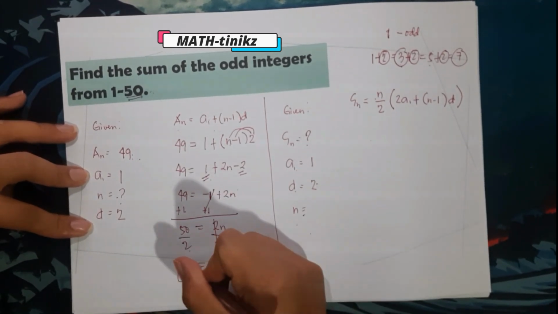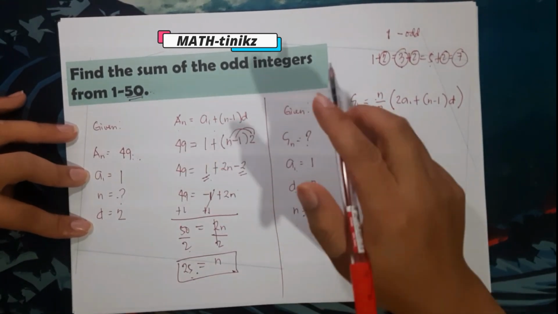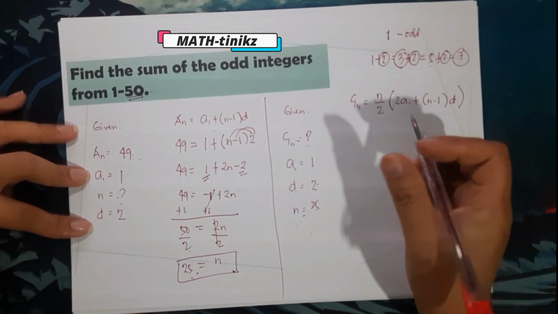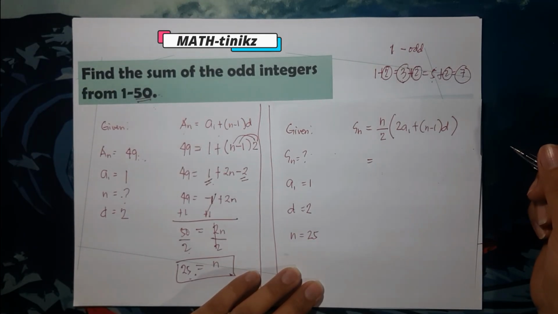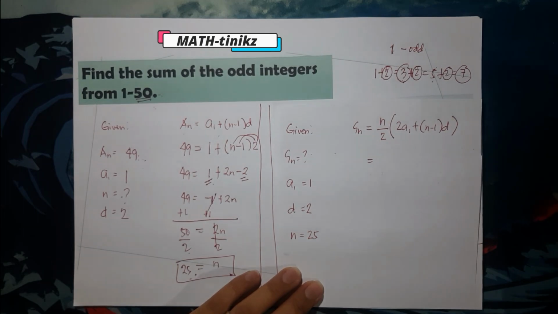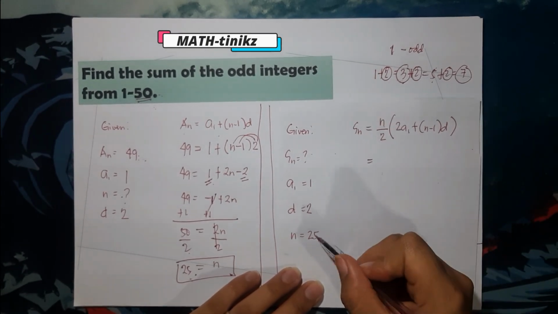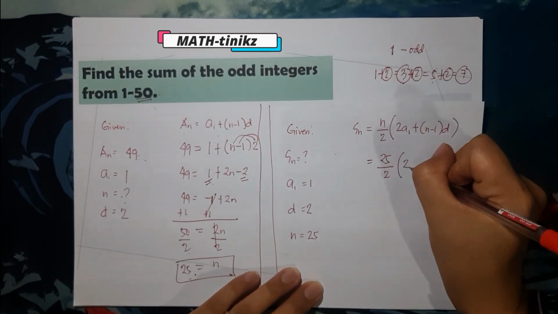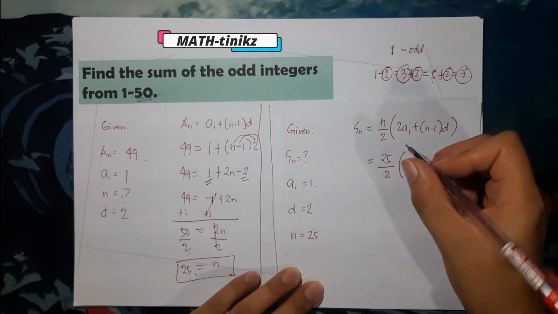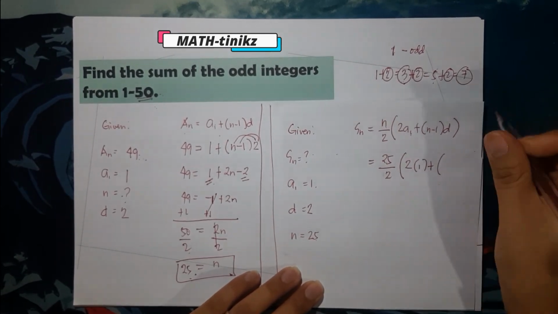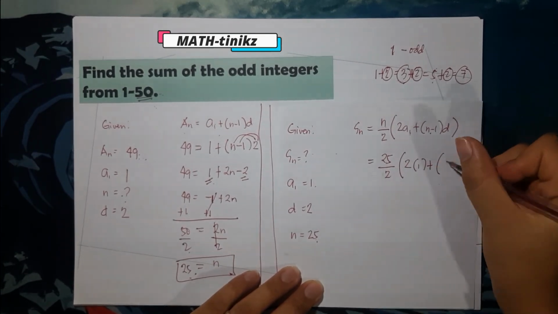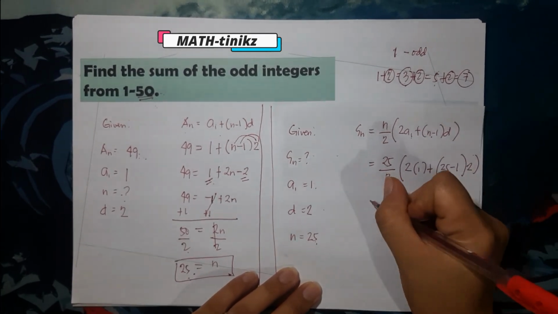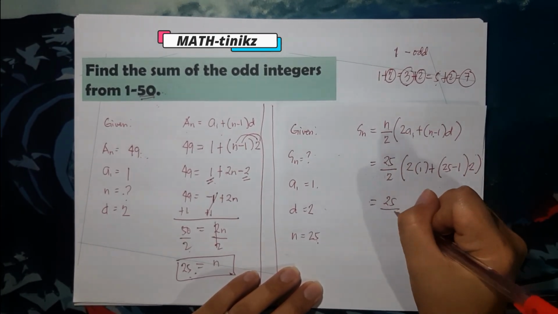Since we now have the number of terms between 1 to 50 that are odd integers, we can now find the sum of odd integers from 1 to 50. Substitute the value of n, which is equal to 25, over 2, times 2 times the first term, which is 1, plus the number of terms, 25, minus 1 times the common difference, 2. Copy 25 over 2.